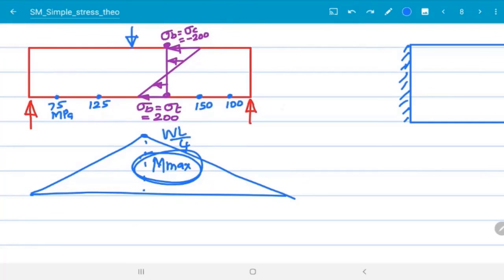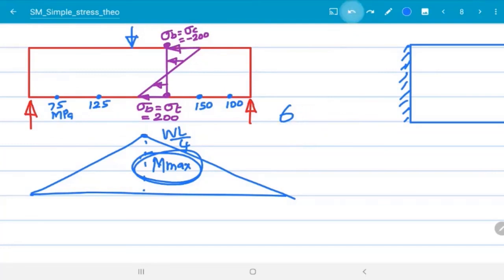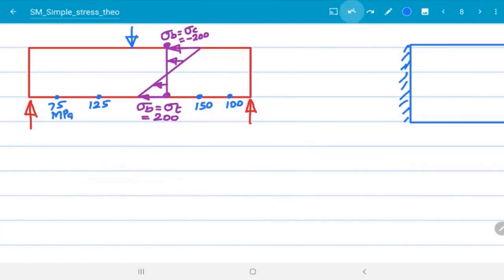What is the formula? 6M by BH square is the maximum bending normal stress formula for a rectangular cross-section beam. With this formula, I have calculated 75 megapascal at this location, here 125, here 200, 150, 100. Now the question is to take the theory of failure decision. Which stress should be compared with the strength out of the 5 values?